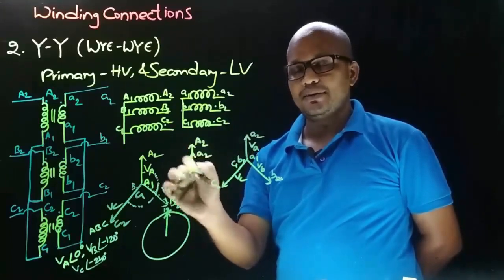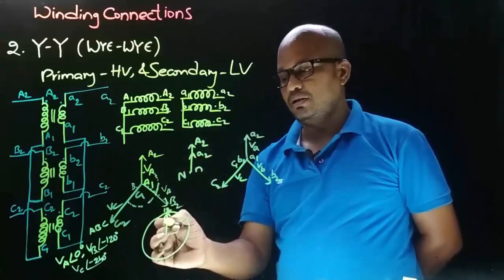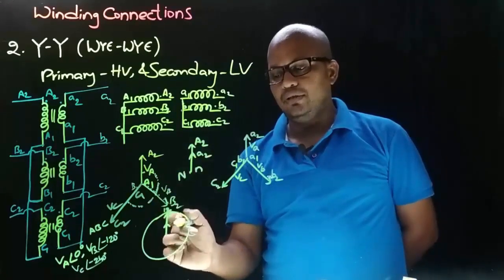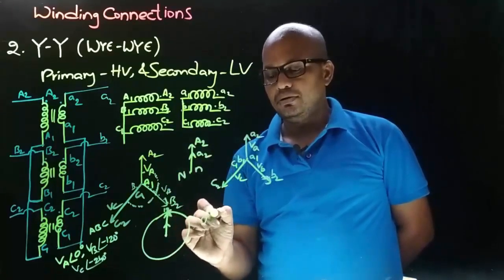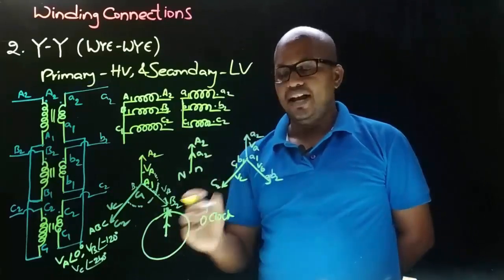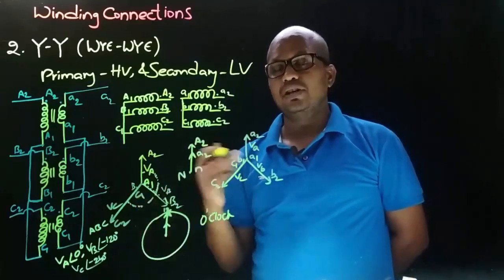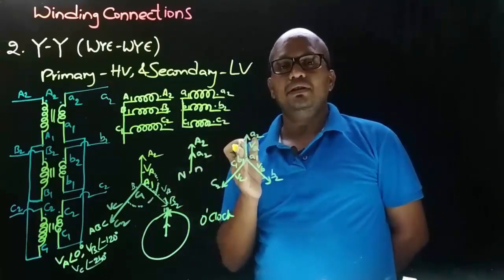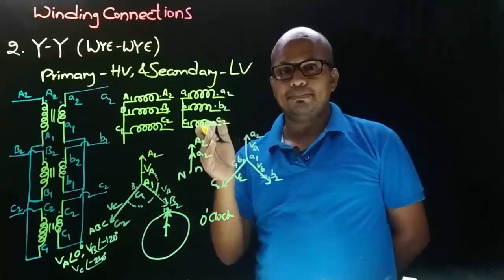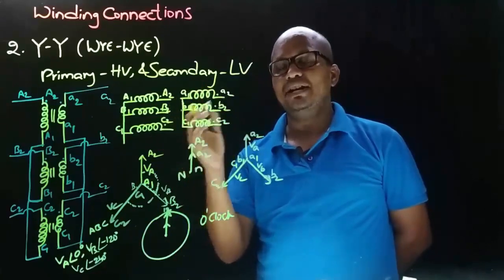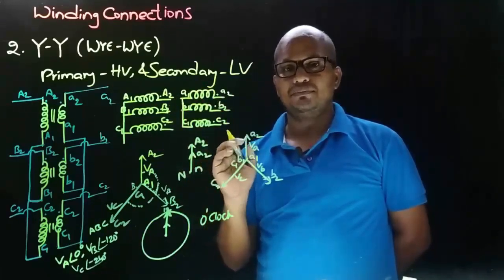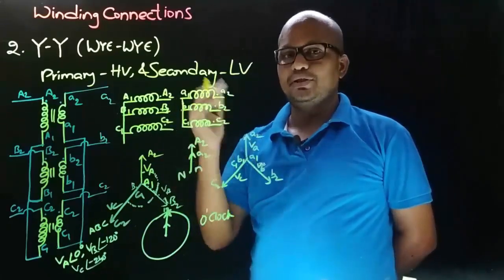And let's observe this in clock. So if you observe this in clock, it will represent 0 clock hours, and the phase angle difference between the minutes needle and hours needle will represent the LV side phase 2 neutral voltage displacement with respect to HV side phase 2 neutral voltage. Now let's obtain the vector group symbol.